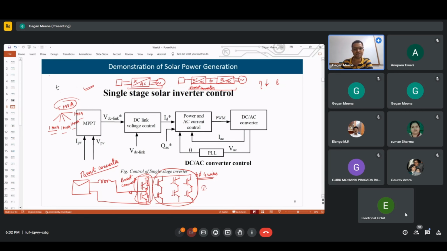Which of the following is not true about interlinking and interfacing converters? This also we didn't discuss, but it was there in the slides. There are two types of interfacing converter: one is the interlinking converter, another is the back-to-back converter.